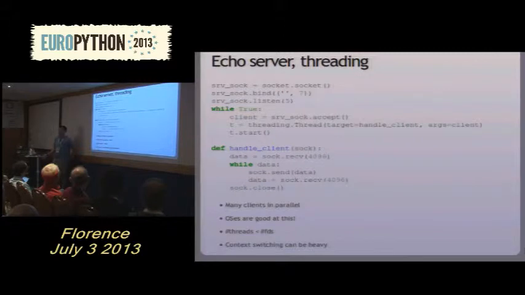You create your socket, bind, listen, and then when accepting a client, instead of just handling the client, you create a new thread to handle that client. So you start a helper function called handle client in a new thread, and there you do exactly the same. You receive data, you send it back until the connection is closed, and then you close the connection.